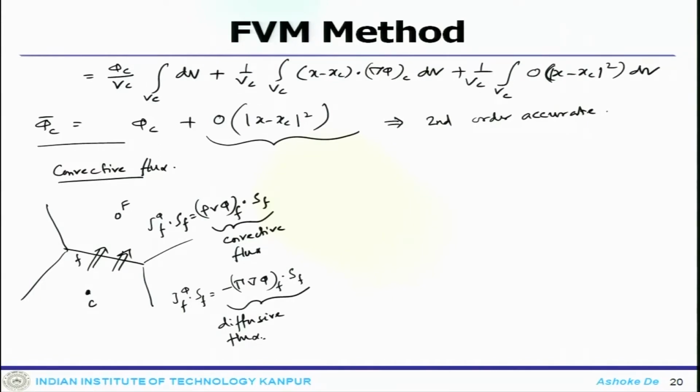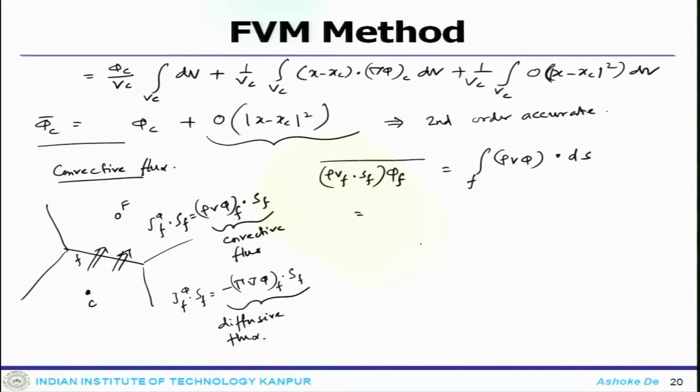Now, if you look at the convective flux, you have rho V f dot S f phi f. Essentially this is the integration over f of rho V phi dot dS.